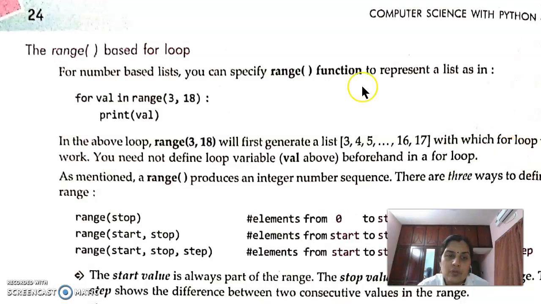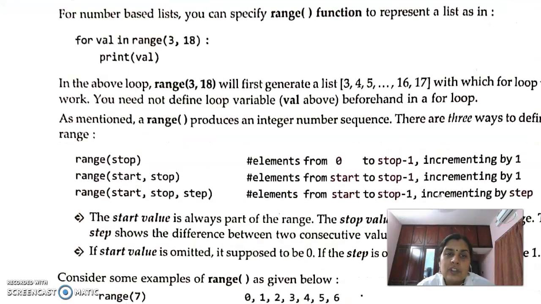So here suppose for value i in range 3 comma 18 means from 3 up to 18, where 18 is not included. Values are printed 3, 4, 5, 6 like that, up to 17, because 18 is not counted. That means from 3 up to 17. So this range function will automatically increment the value.